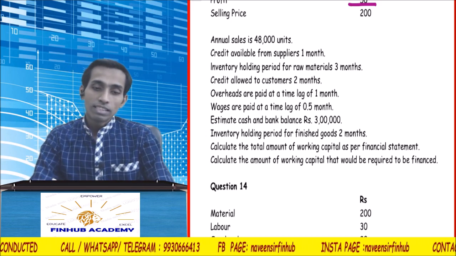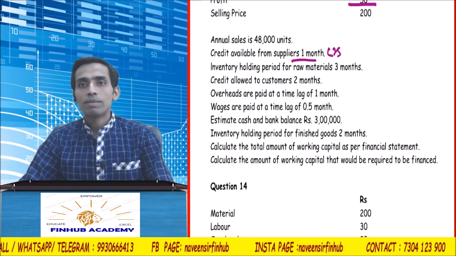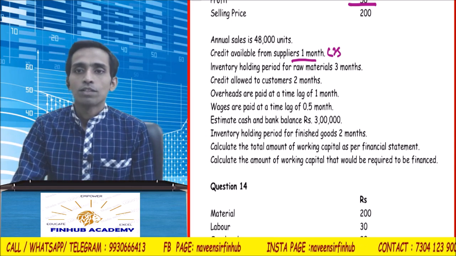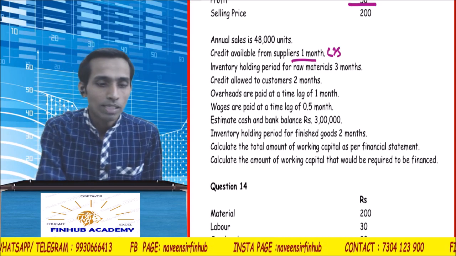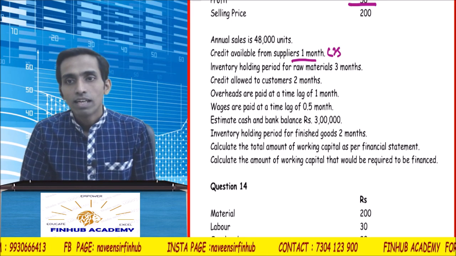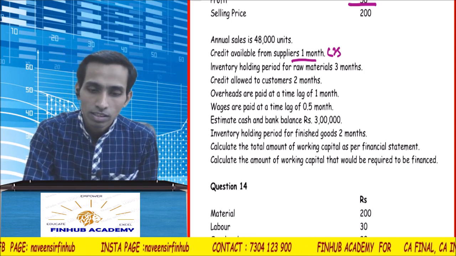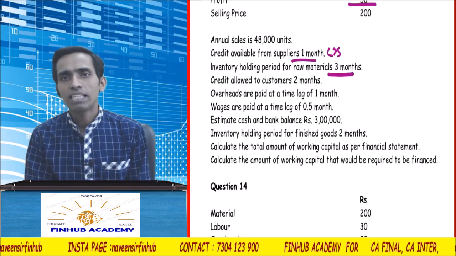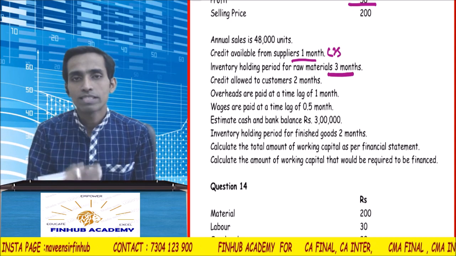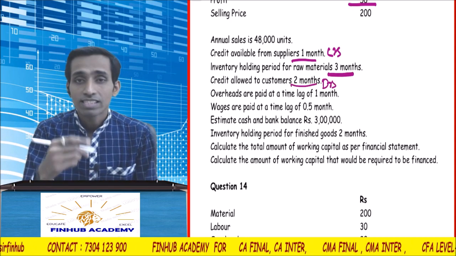Inventory holding period of raw material is 3 months. This will be used for raw material. Credit allowed to customer is 2 months. Customer means debtors, so this will be used in debtors.